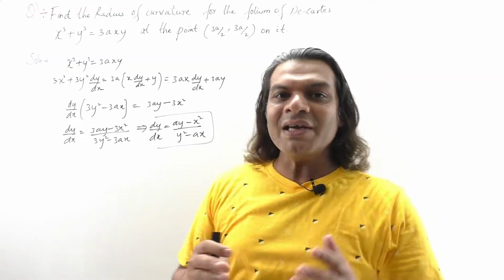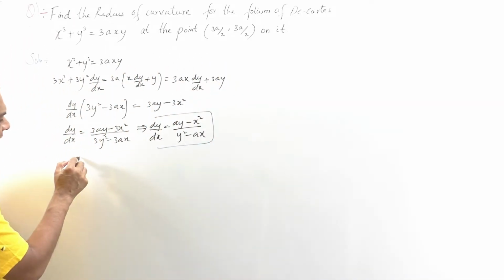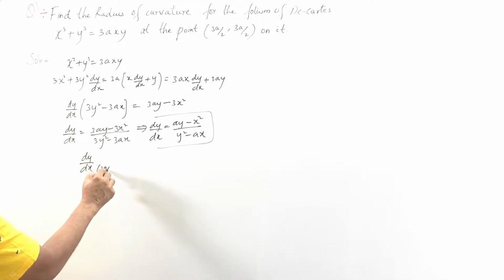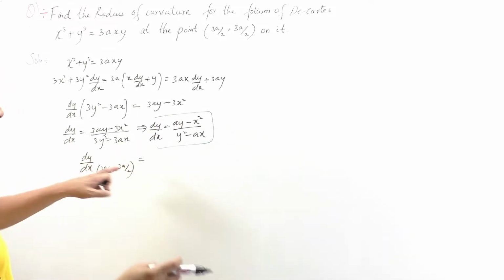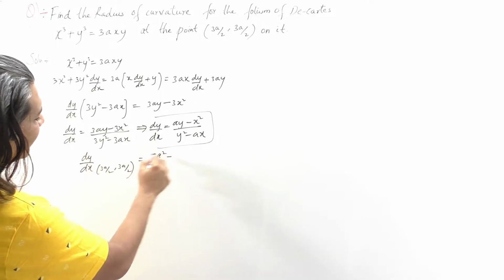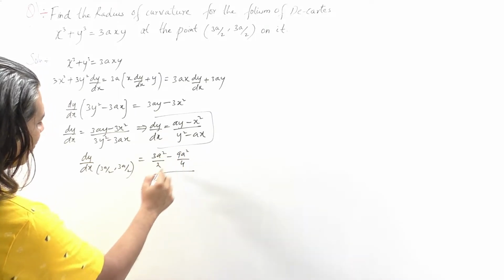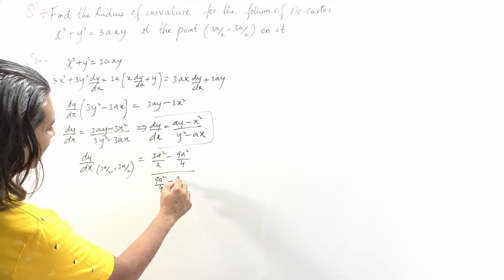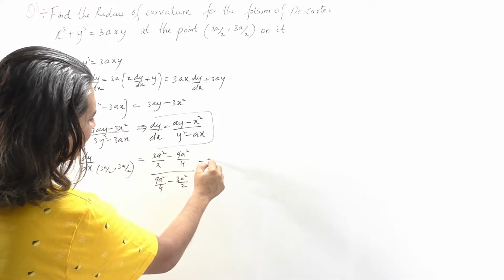So dy by dx at the point (3a/2, 3a/2) will be: a into 3a/2 is 3a square by 2, minus (3a/2) whole square is 9a square by 4, upon (3a/2) whole square, that is 9a square by 4, minus 3a square by 2.